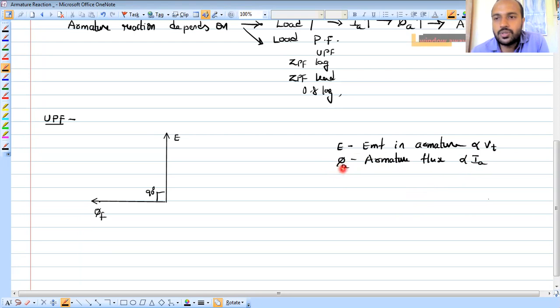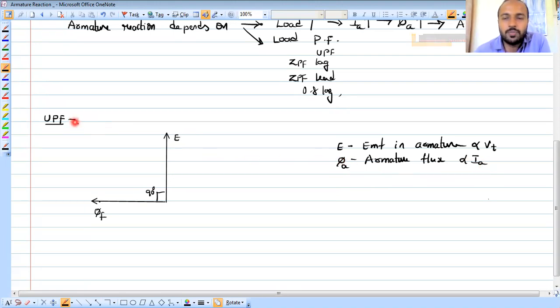How is this phi A produced? Because of the current flowing through the armature conductors, we got armature flux. How did we get this terminal voltage? Because of the induced EMF, we got the output terminal voltage in case of a generator. So here IA and VT. This is the terminal voltage, and we need to represent the IA or phi A.